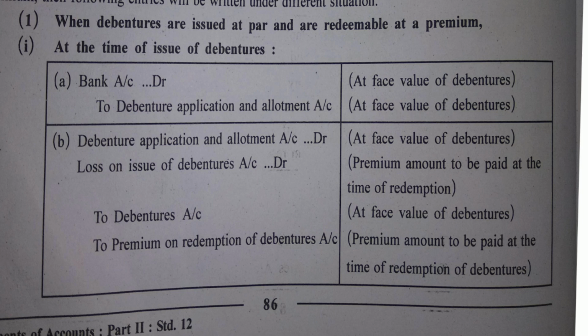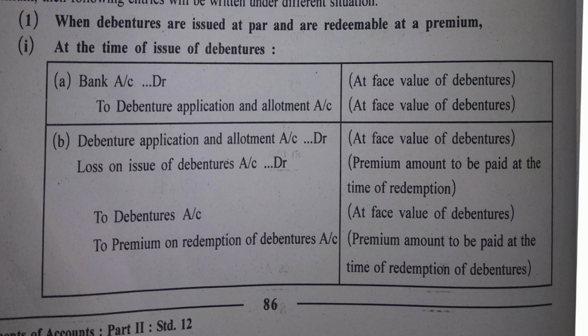And to this, premium on redemption of debentures account has been credited. Because along with the amount of debentures, the premium on redemption of debentures account also becomes my liability. I mean the liability of company. That means the company is supposed to return the amount of debenture and also the amount of premium. So both of this is a liability for company.